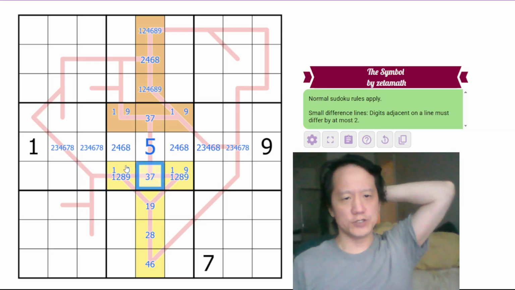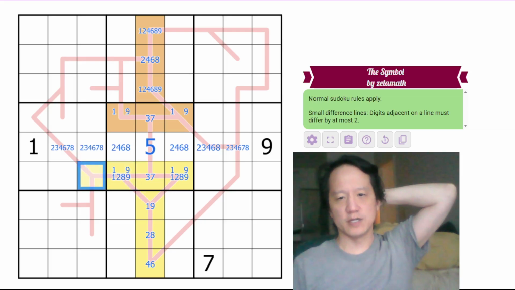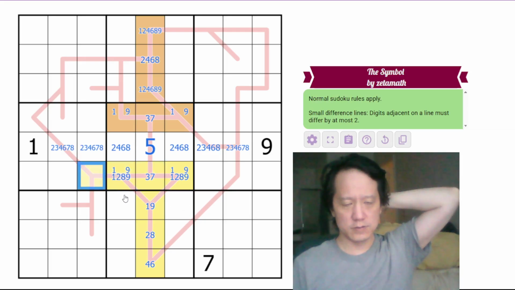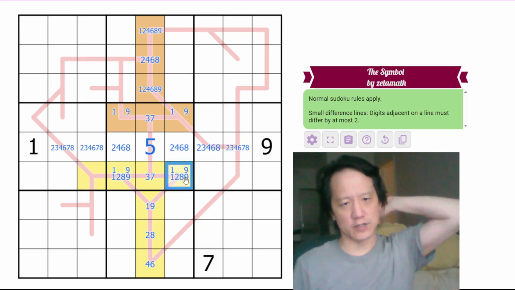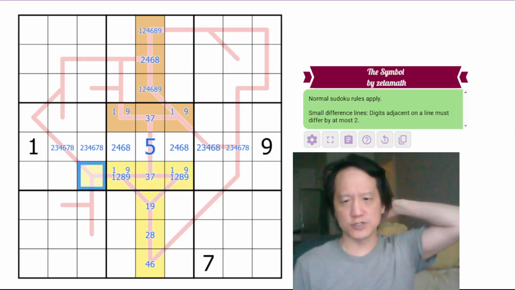This is 1, 2, 8, or 9, so this must be the same yellow set. It cannot be 1 or 9 here of the yellow set, no matter what, because the yellow set 1 or 9 is guaranteed to be here. This has to be 4 or 6, actually.